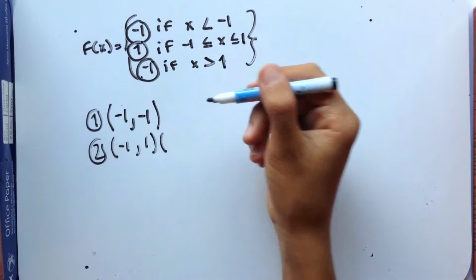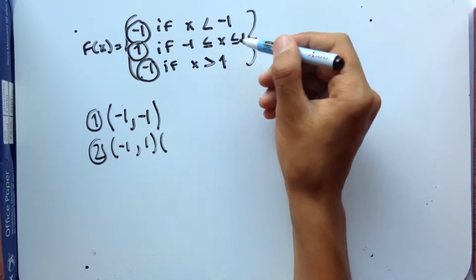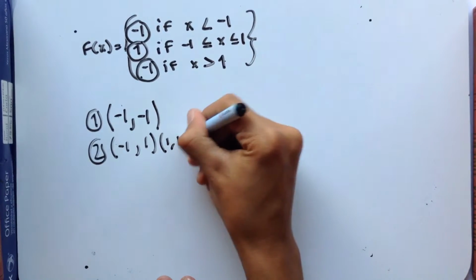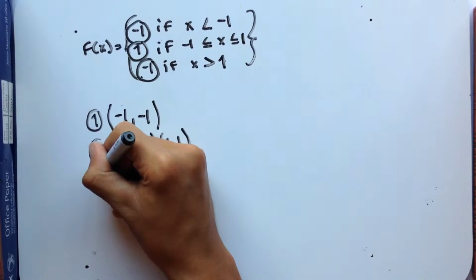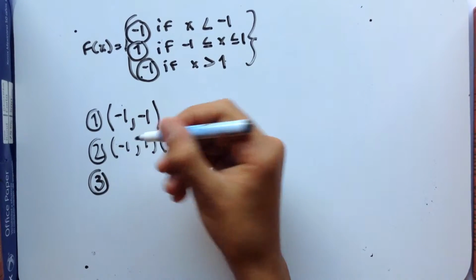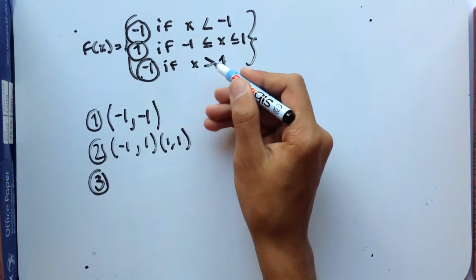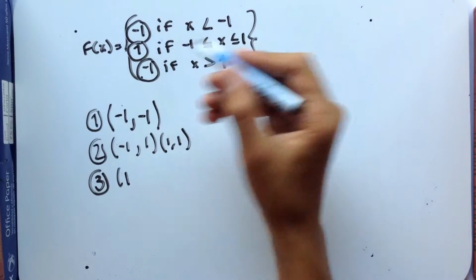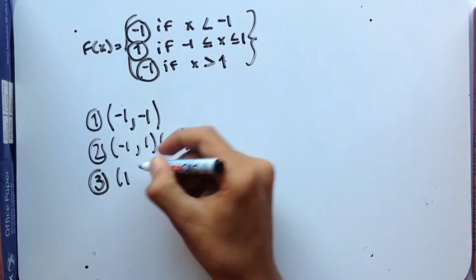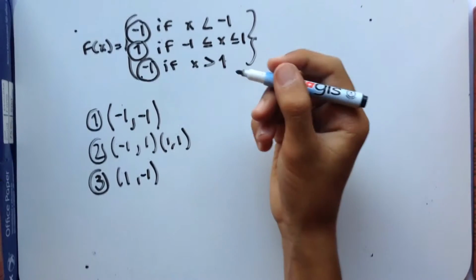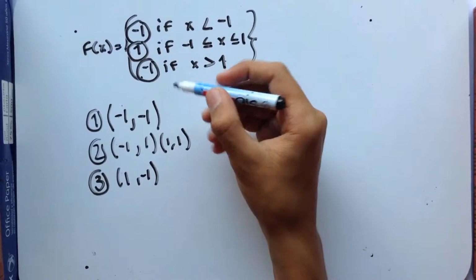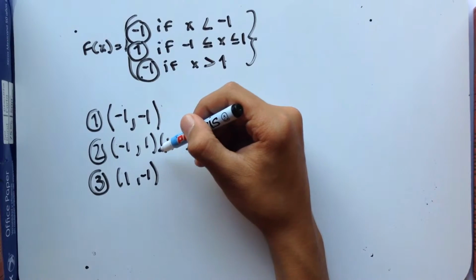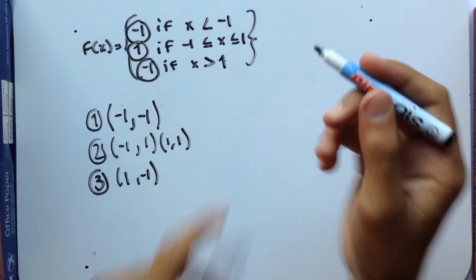And when x equals 1, y value will be also 1. And for the third function, when the value of x is greater than 1, y value will be minus 1. So now that we have our 4 points of reference, we can start to graph these results.